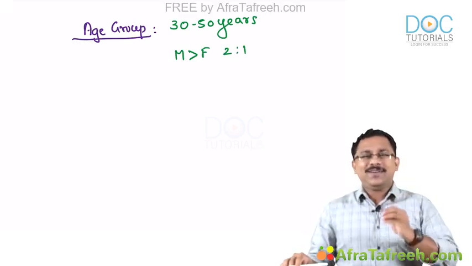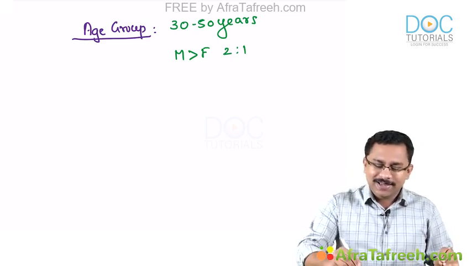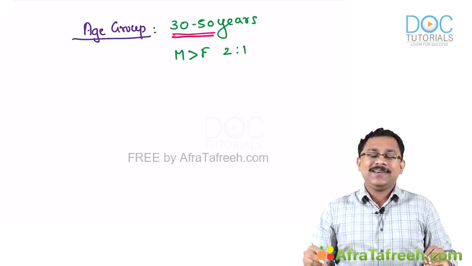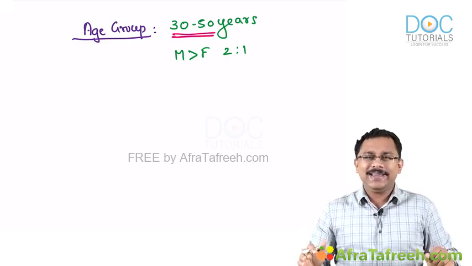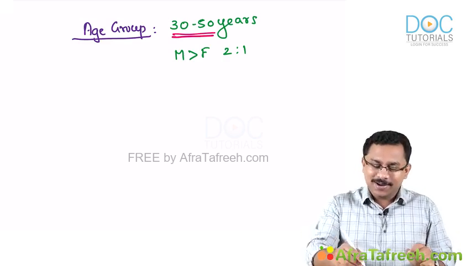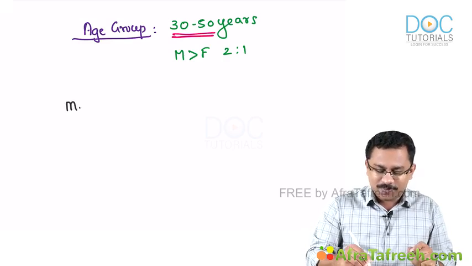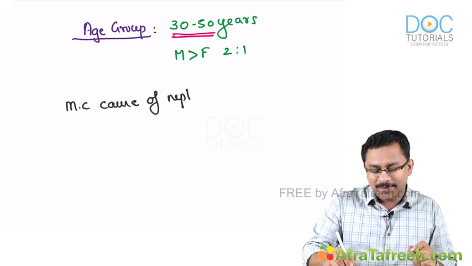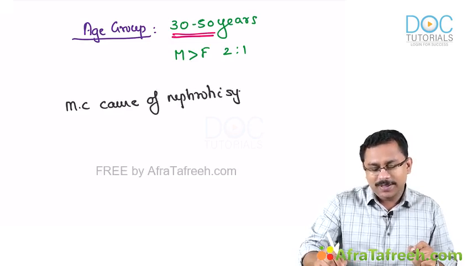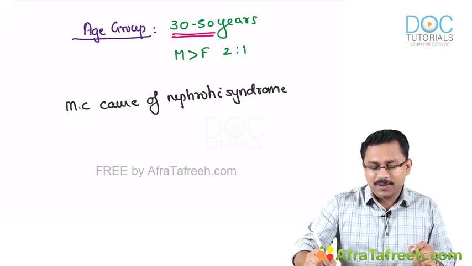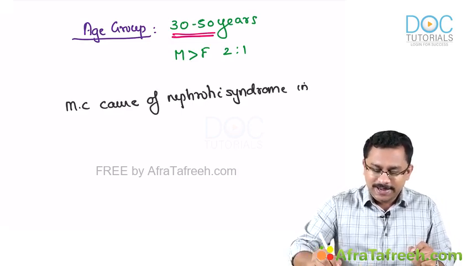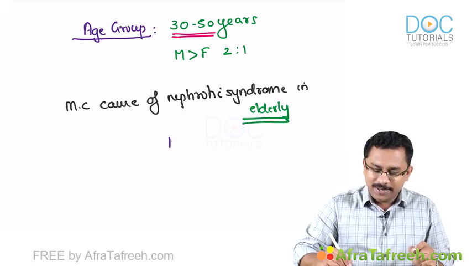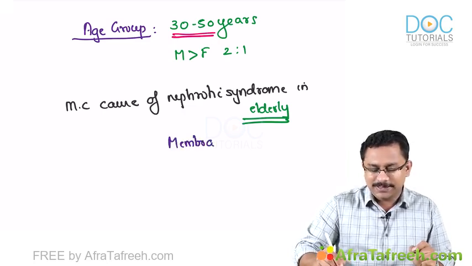Now one point that you have got to know is that though the classical age group of presentation is 30 to 50 years, membranous nephropathy can also present in the elderly, and keep in your mind that the most common cause of nephrotic syndrome in the elderly age group is going to be membranous nephropathy.